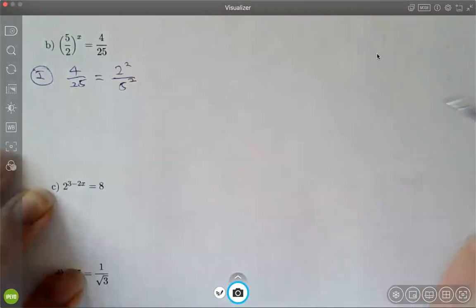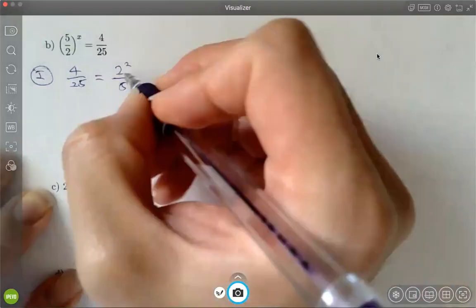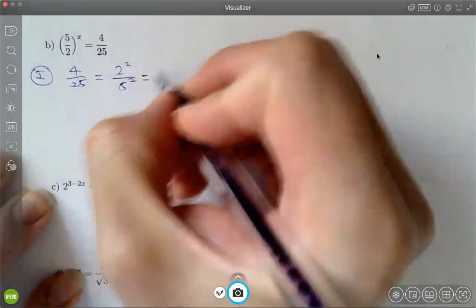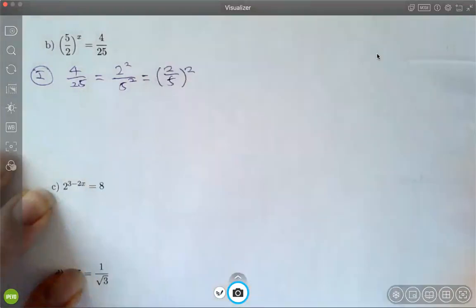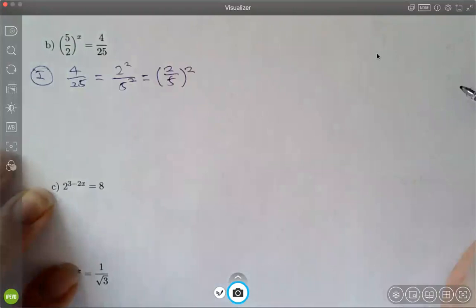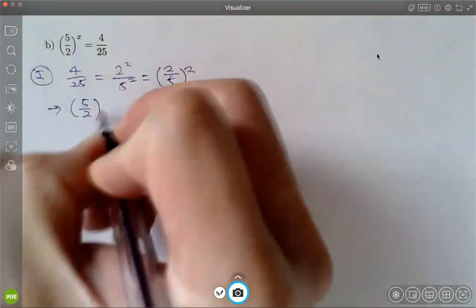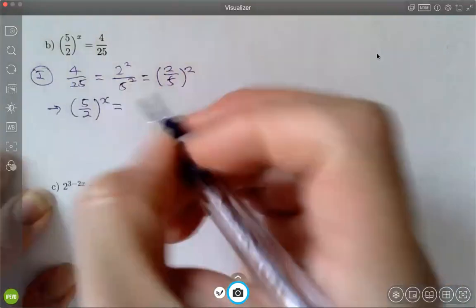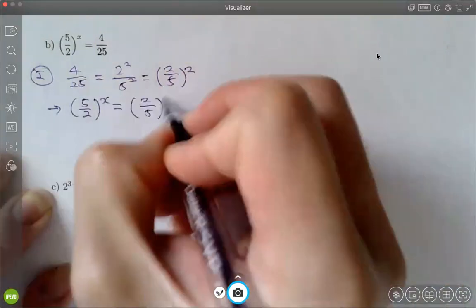So we have 2 squared over 5 squared, which means it's the fraction 2/5 squared. Now we have 5 over 2 to the power x is equal to 2 over 5 squared.